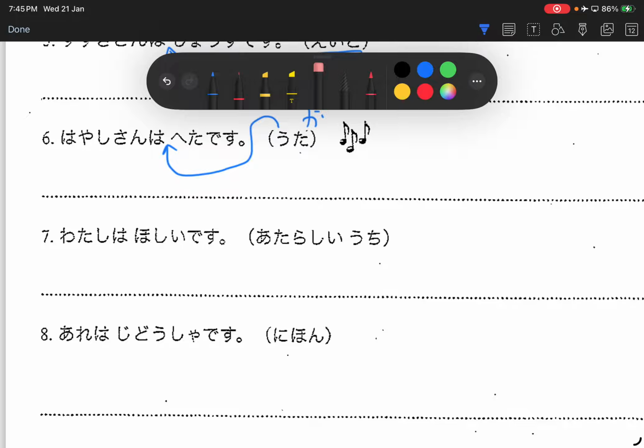Number 7. 私は欲しいです。Then bracket 新しいうち。私は新しい。新しいうちが欲しいです。Okay, same thing. We just need to put a が, right? 欲しい is want. It's an い adjective. Because it's an い adjective and it also means want, that means we need to have something that we want, right?